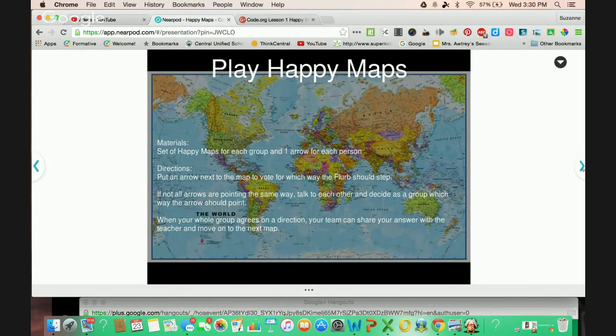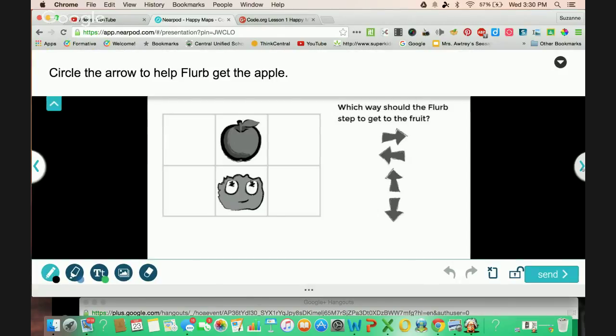And we're going to do that in a respectful way, and we are going to use the because clapper to justify our answers. So for example, you see here is our first happy map, and we want to help Flurb get to the apple so he can be happy.